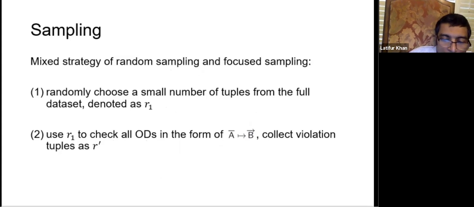In our implementation, the size of R1 is 1% of R. The second step is focused sampling. We use R1 to check all candidates in the form of A overline order sphere set, then collect violation tuples as R prime. This method is not expensive and it adapts to the data characteristics of R.